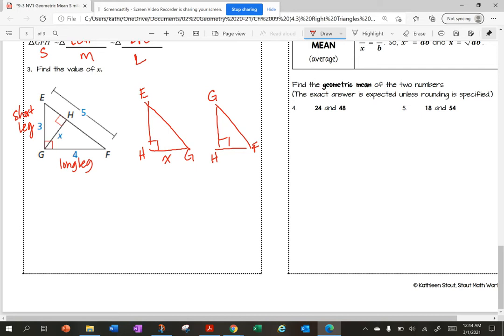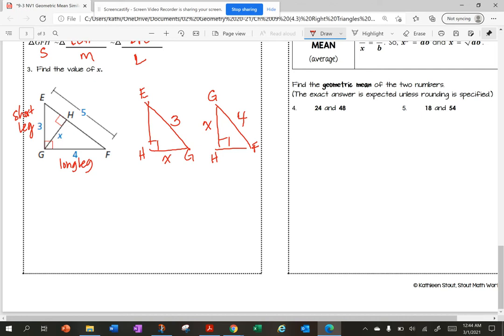E to G is 3, the hypotenuse. G to F is 4. And G to H is X.